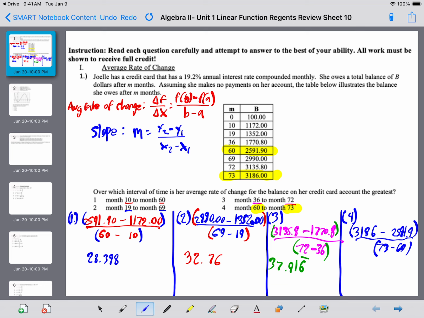So 3,186 minus 2,591.9 divided by 73 minus 60. You get 45.7. So which had the greatest average rate of change? Interval 4.